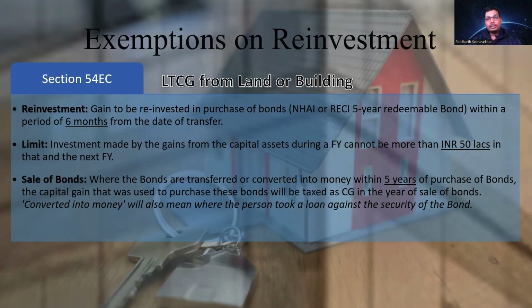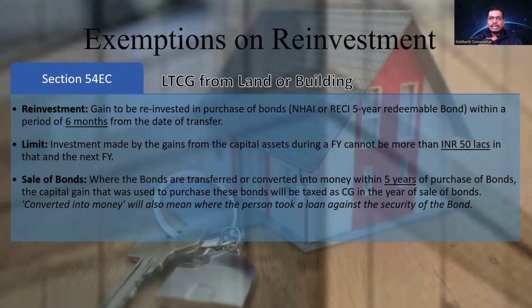Then what if you sell the bonds early? Early means what? Early means within 5 years. Where the bonds are transferred or converted into money within 5 years from the purchase of the bonds, then the capital gain that was used to purchase these bonds will be taxed as capital gain in the year of sale of the bonds. Now, this is different from section 54 and 54B.